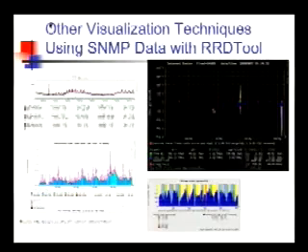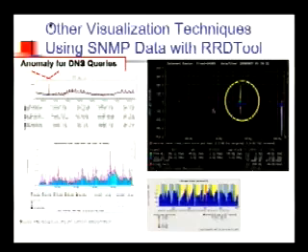A spike like that stands out and might be indicative that maybe one of our customers has been compromised and his box is being used as a spam proxy, right? So there's a lot of different inferences that we can make from the various sources of telemetry available on the network if we're simply willing to spend the time and effort to deploy the tools to make use of it.